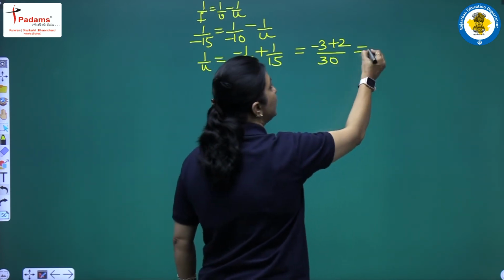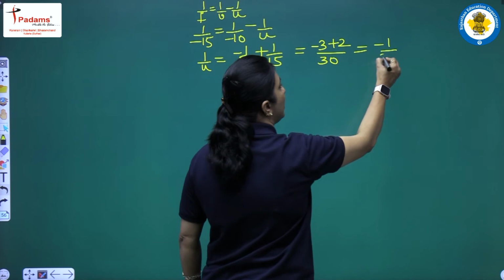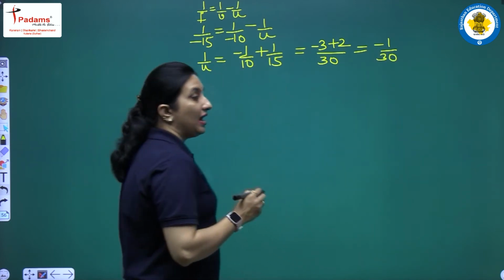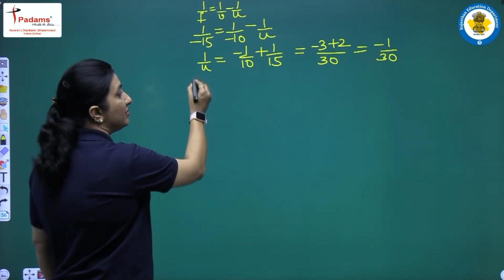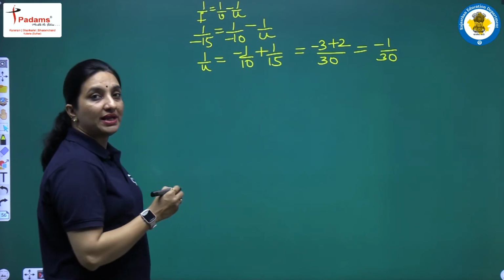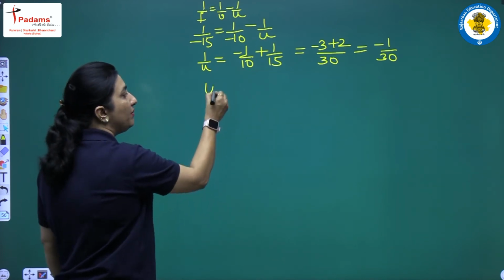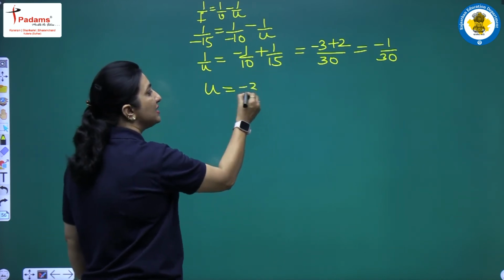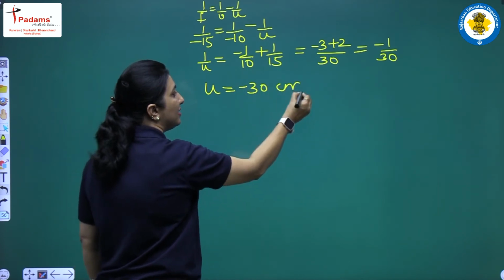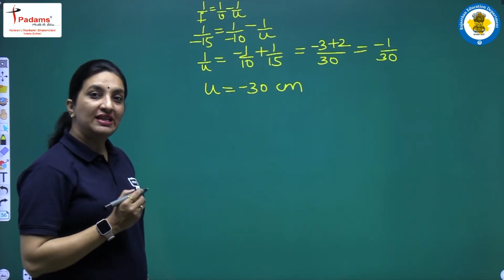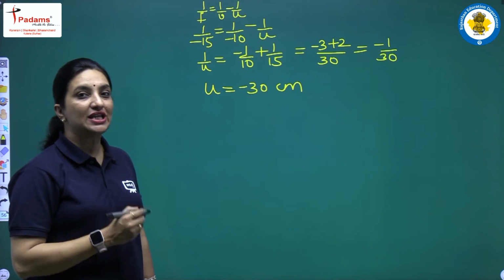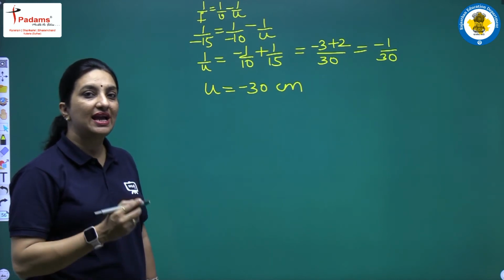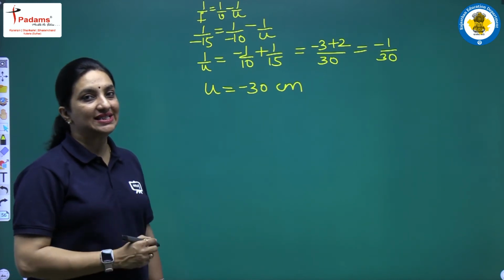Again on solving this, I will have minus 1 upon 30, and on reversing, since 1 upon U is equal to minus 1 upon 30, U will become equal to minus 30 centimeters.